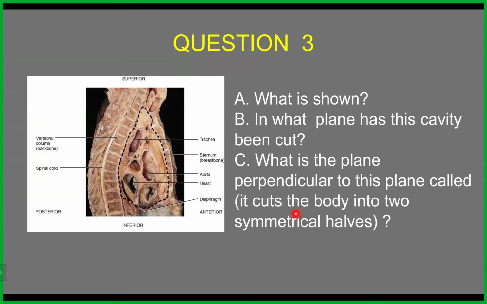And to be honest, there is no answer, because if we cut into a front part and a back part, they wouldn't be symmetrical. And if we cut it into a superior and inferior part, they wouldn't be symmetrical. So there is no plane perpendicular to the sagittal plane that cuts the body into two symmetrical halves. The answer does not exist, so to speak.